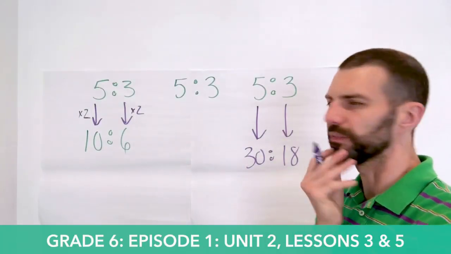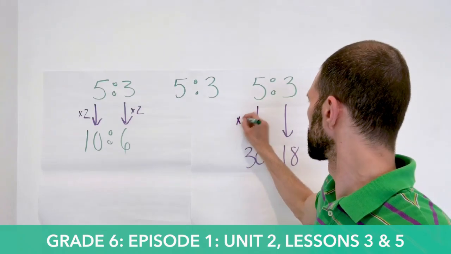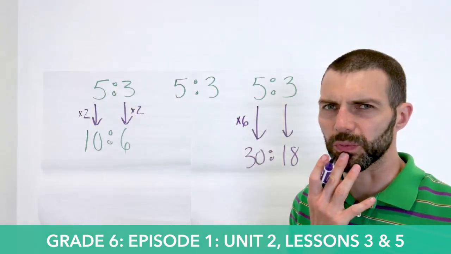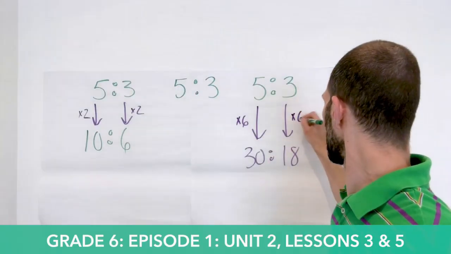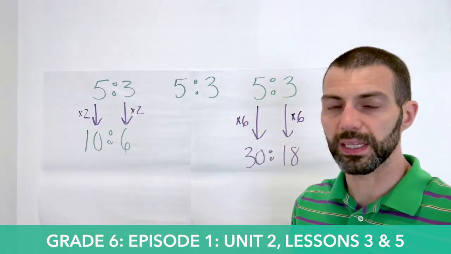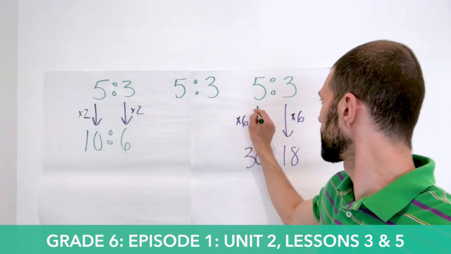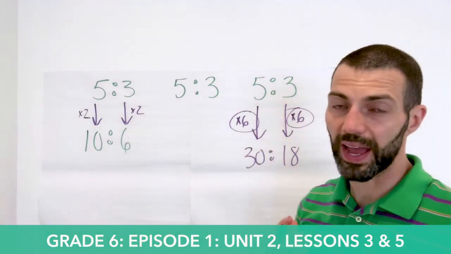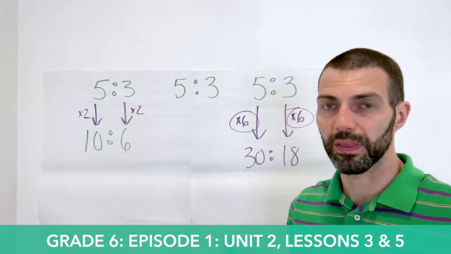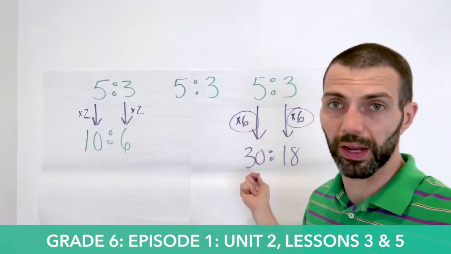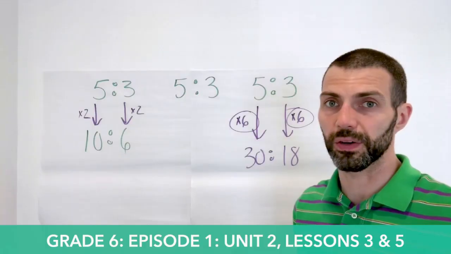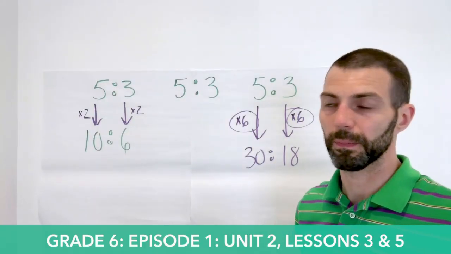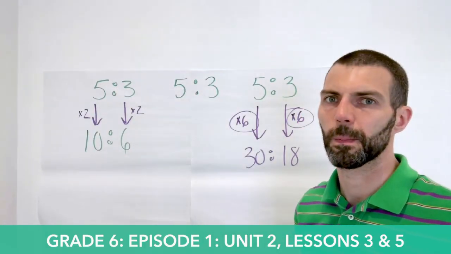Well, I know that 5 times 6 gives me 30. And actually, I know that 3 times 6 gives me 18. So because this factor of 6 is the same, that means what I've done is created an equivalent ratio. 30 to 18 is an equivalent ratio to 5 to 3 and to 10 to 6.